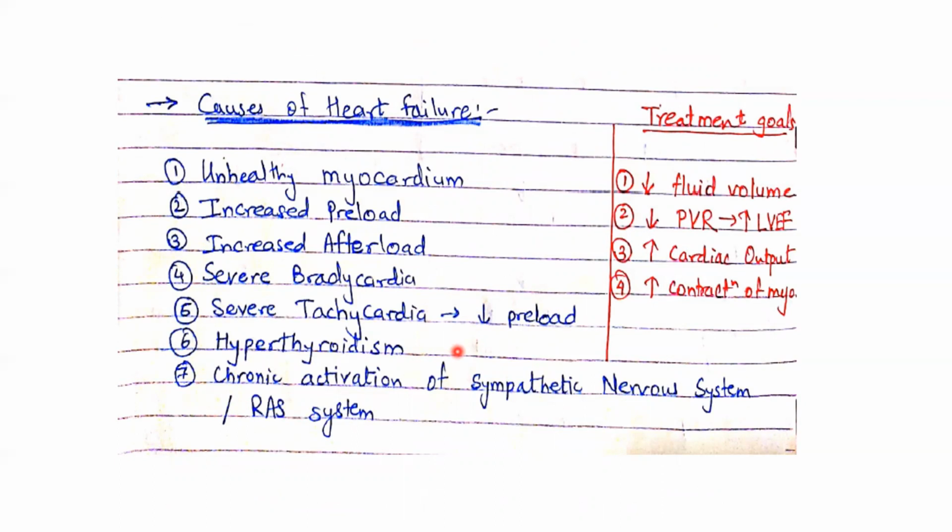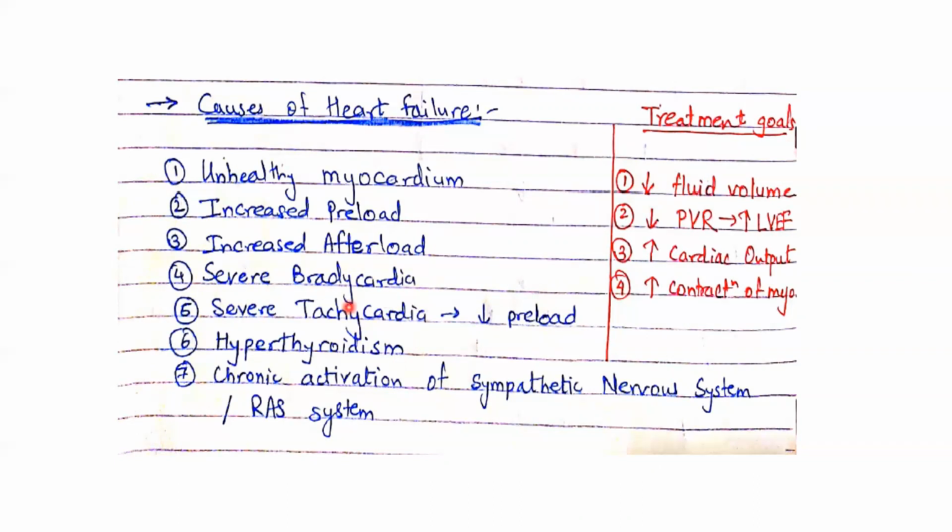So imagine a condition wherein your heart is completely normal, but the problem is with the thyroid gland. What will happen is, your body's metabolic needs go very high. So though your heart is pumping very efficiently, it won't be able to meet the metabolic needs of the body. As a result, it will try to pump faster and it will go in tachycardia.